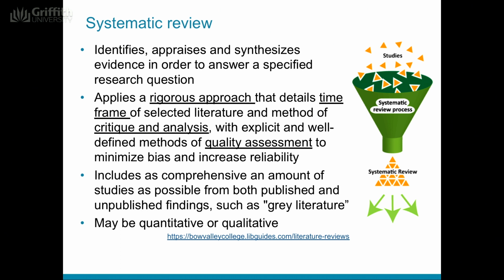We're specifying what method of finding the literature, critiquing the literature, analysing the findings, and what method of quality assessment to look at the risk of bias, etc., is going to be included. So how are you going to increase the reliability of these findings? Well, you're going to critique the literature quite strongly. So that's what a systematic review does.